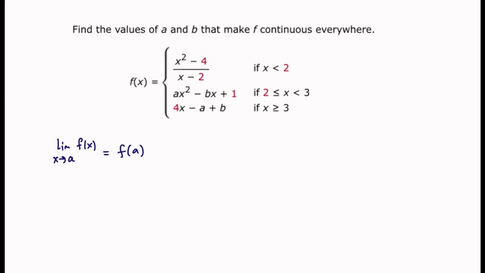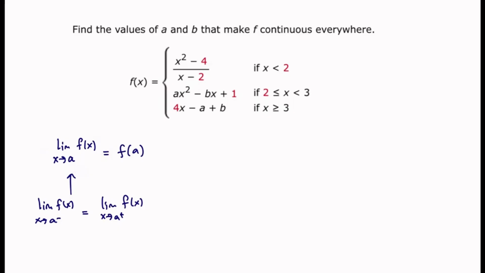Now, by the limit existing, we mean that the limit of f of x as x approaches a from the left must equal the limit of f of x as x approaches a from the right. Because once both of these limits are equal, we know the limit exists, and it's that same number, which should equal f of a. That's the condition we impose when we want the function to be continuous at that number a. So let's hold on to the definition.